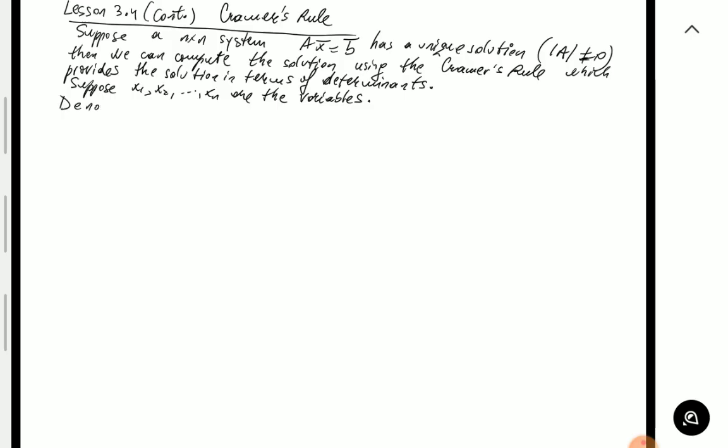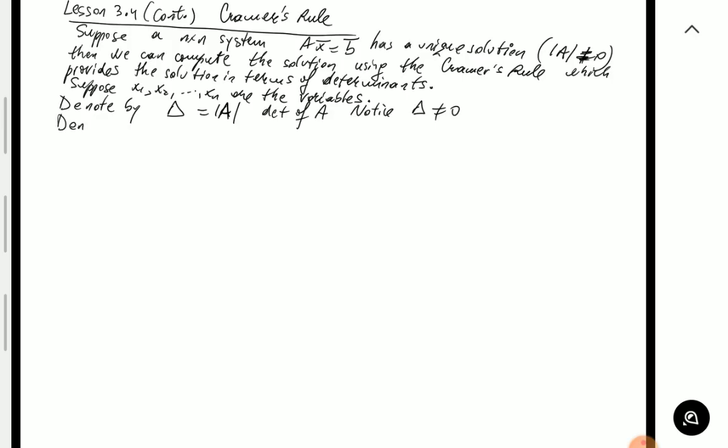Denote by delta the determinant of A, right? So the determinant of A, the matrix of the system. And again, notice that delta is not going to be equal to 0, right? So this method only works for systems in which you have a unique solution.